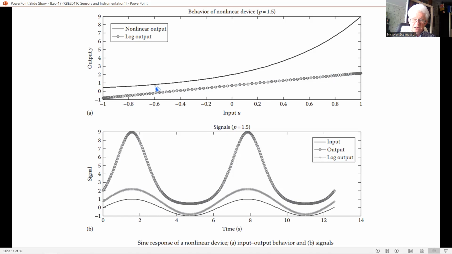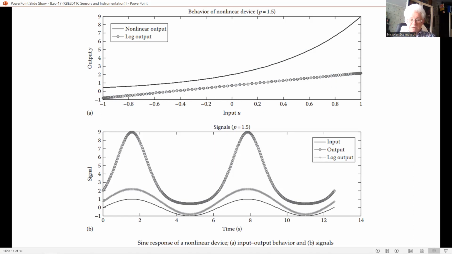So it's a line we can see, a logarithmic line. And the nonlinear output is the first one. To illustrate this, let us use the parameter values. And in this recalibrated form, the output for a sinusoidal input will be purely sinusoidal.